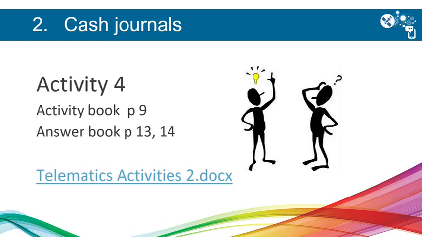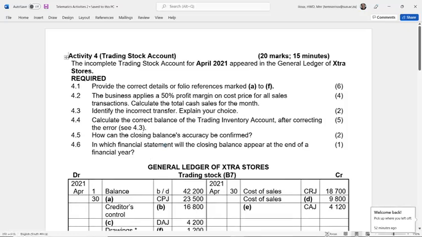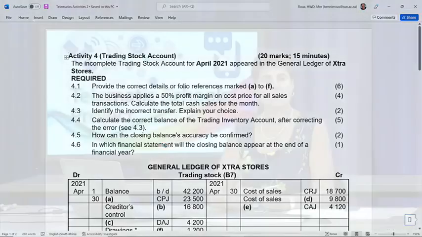We're going to look at a trading stock account. That is activity 4 in your activity book, page 9, in your answer book, page 13 and 14. You will see in your activity book there are activities where you can complete the CRJ, CPJ, where they give you semi-completed cash journals, and then you have to fill in some missing amounts.